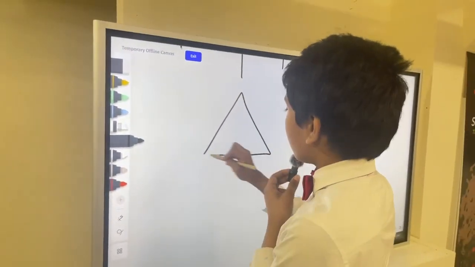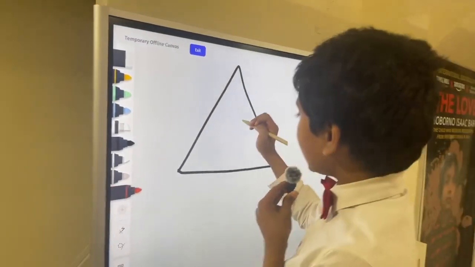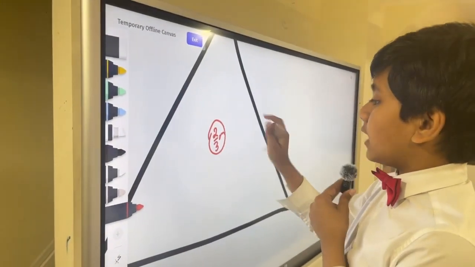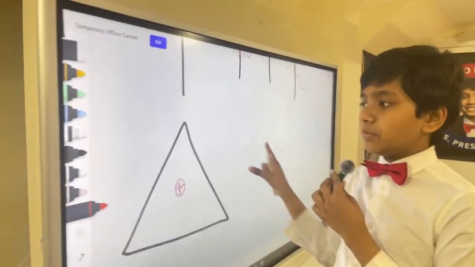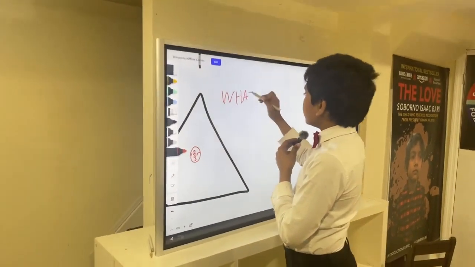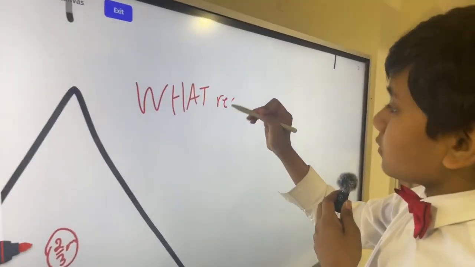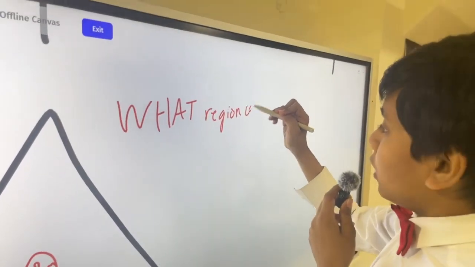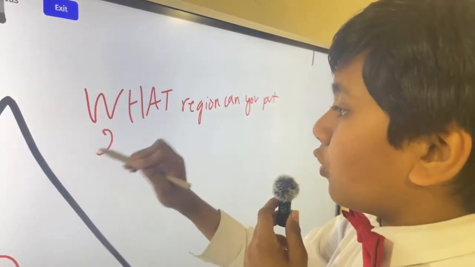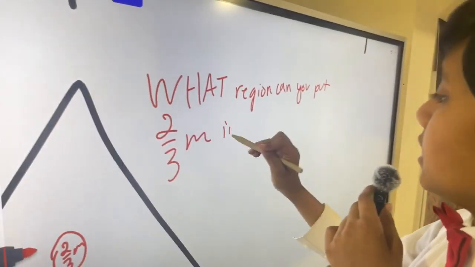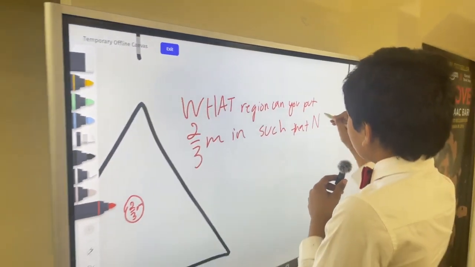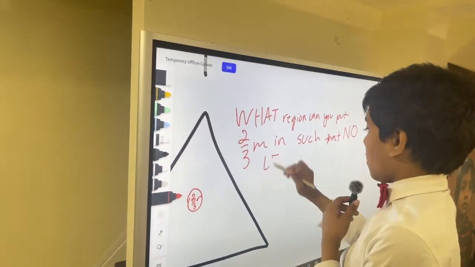If you have a second mass, this time 2/3 m, and you remove the mass of m from the table, what region can you put 2/3m in such that no legs break?